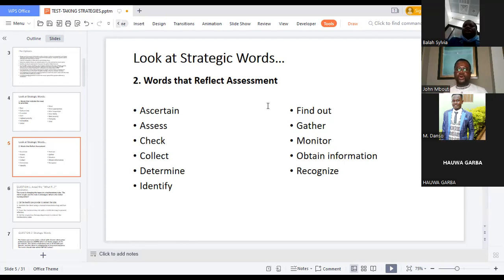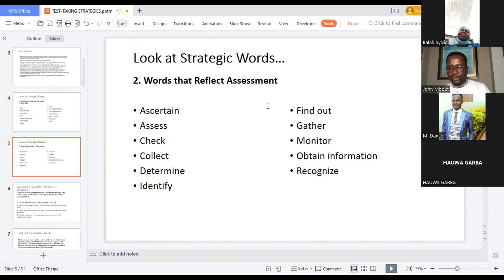Now, I want you to know that there are things you should avoid in answering some questions. When you see the word first, not in all cases does it mean that it is an assessment. What will you do first? It doesn't mean in all cases, first does not mean assessment.